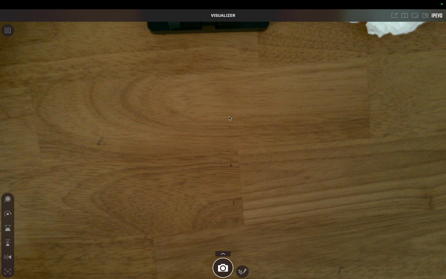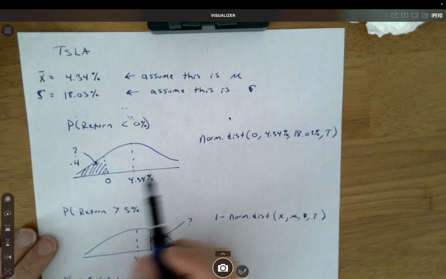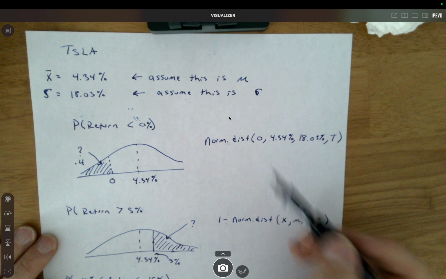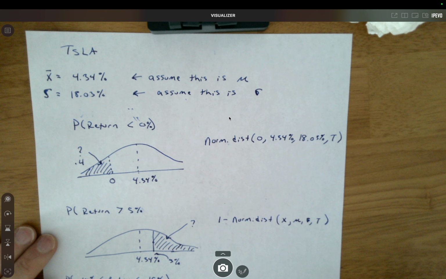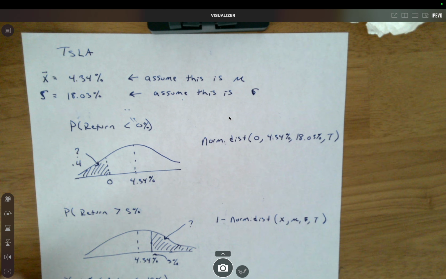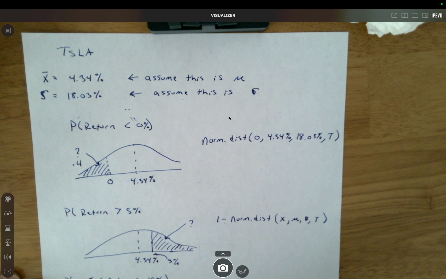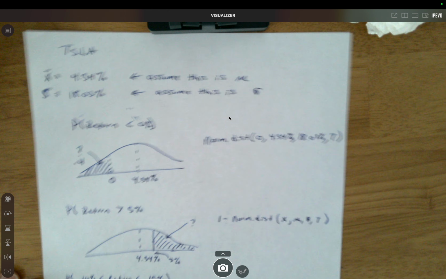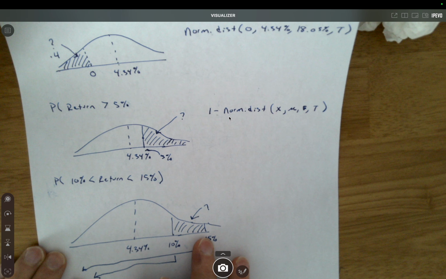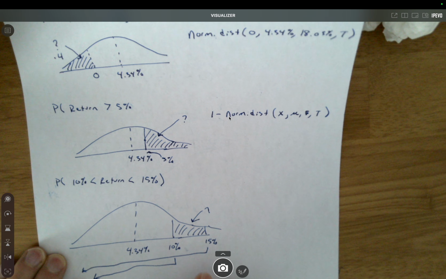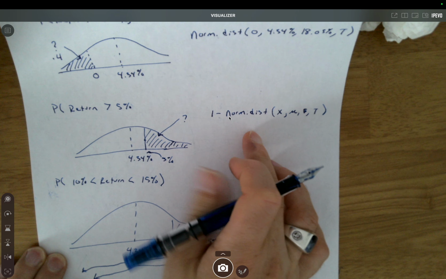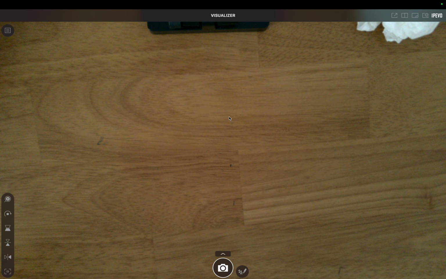So working the problems like this and just drawing the distribution, highlighting the region that you're trying to find will help you figure out if it's a norm.dist, a 1 minus norm.dist, a norm.inverse, or 1 minus norm.inverse. So anytime you have a shaded region to the left, or you're in between two numbers, like this one right here, it's a norm.dist. Anytime you have a shaded region to the right, it's a 1 minus norm.dist if you're trying to find a probability.